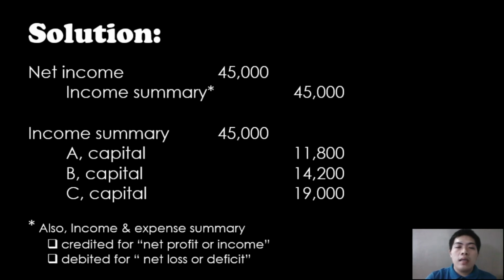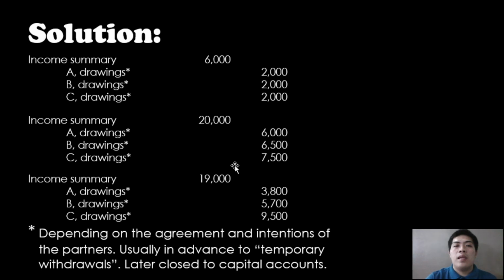Yung kanilang magiging entry, close the income and expense summary dun sa kanilang respective capital accounts showing ng kanilang shares in the profit. Okay? Or minsan naman, ganito yung entries. Separate yung sa salaries, separate sa interest, then separate dun sa excess, tapos yung credit sa drawings.